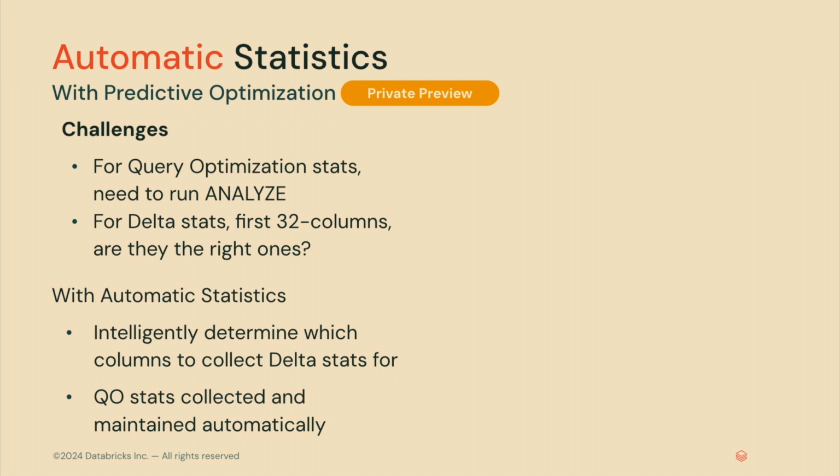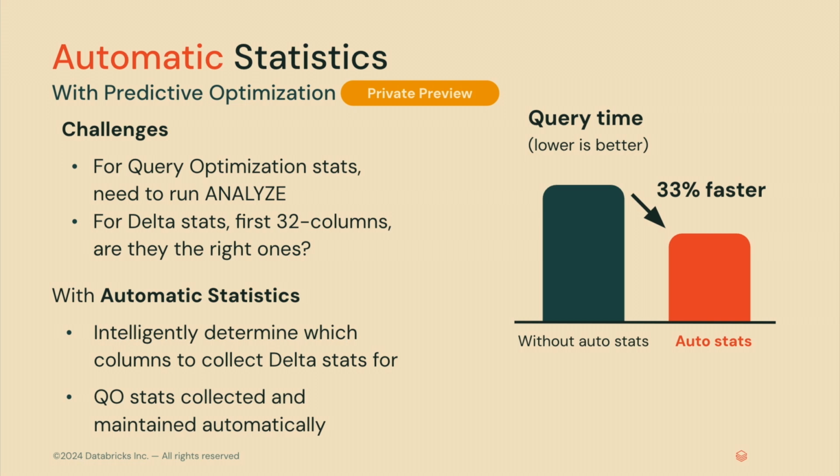And again, these operations are run only as necessary, determined by the smart logic we have to track when the stats are stale and are needed by the workload. The feature's net result is your queries are just going to get even faster with predictive optimization. And if you're interested, chat with your account team today to get onboarded.